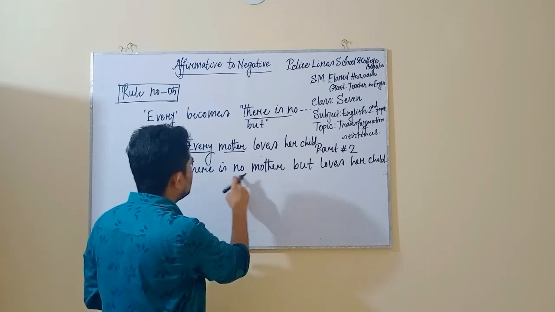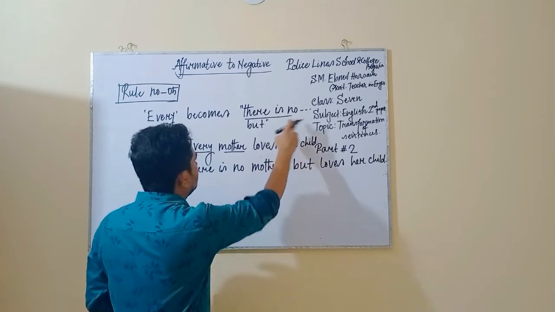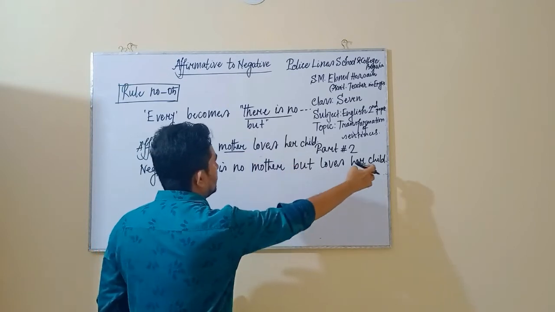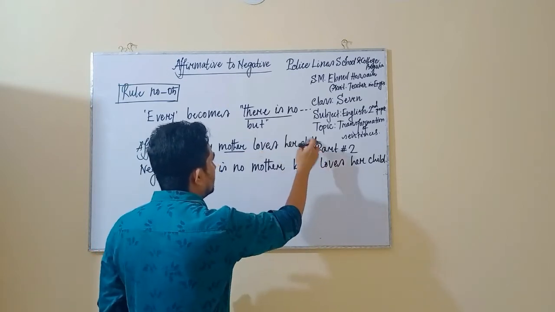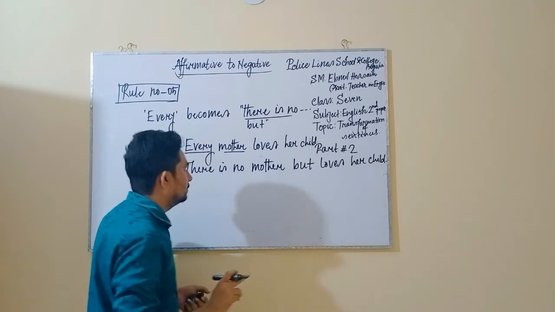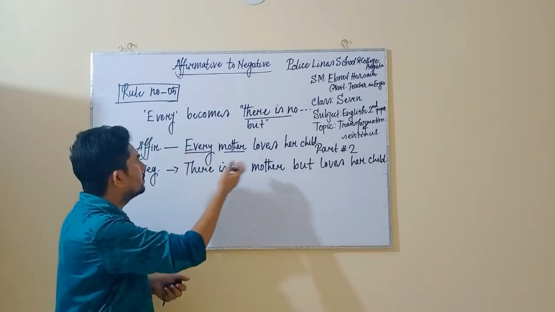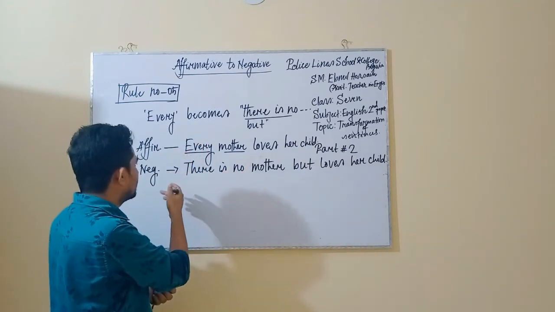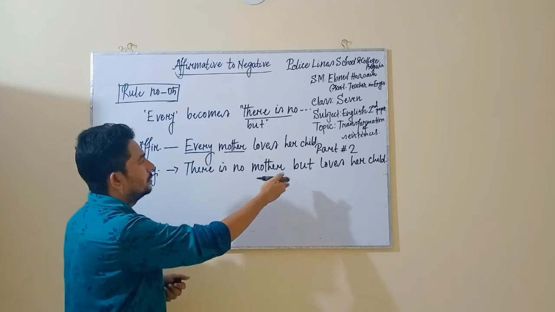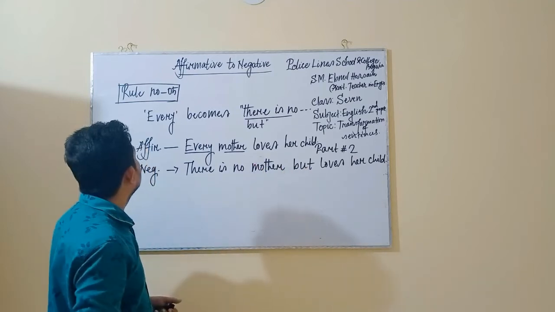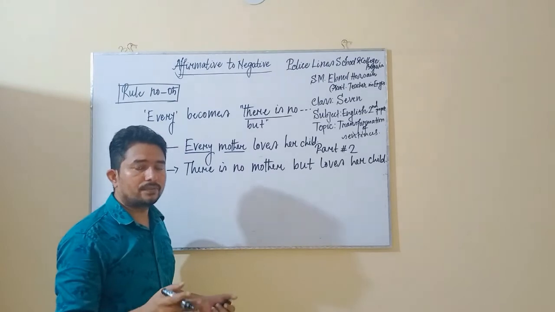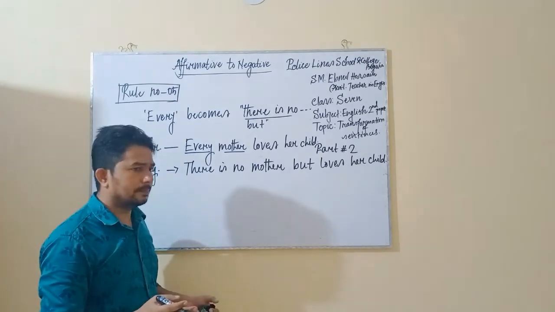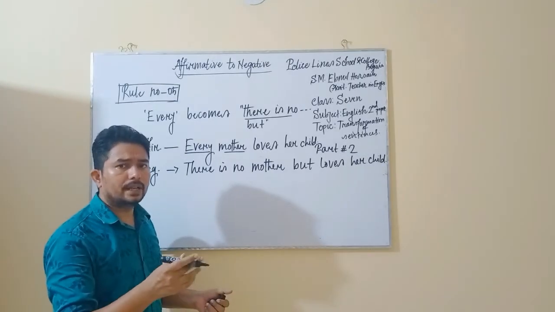That means there is no mother, but loves her child; these words will remain unchanged. So the negative sentence is: there is no mother but loves her child. So this is rule number 5. Now I am going to write down another rule.